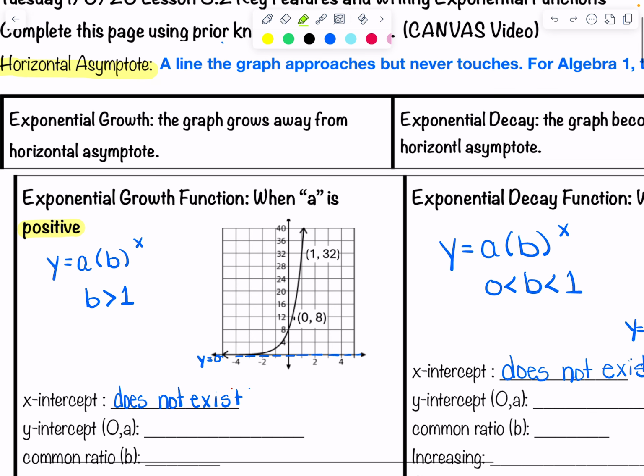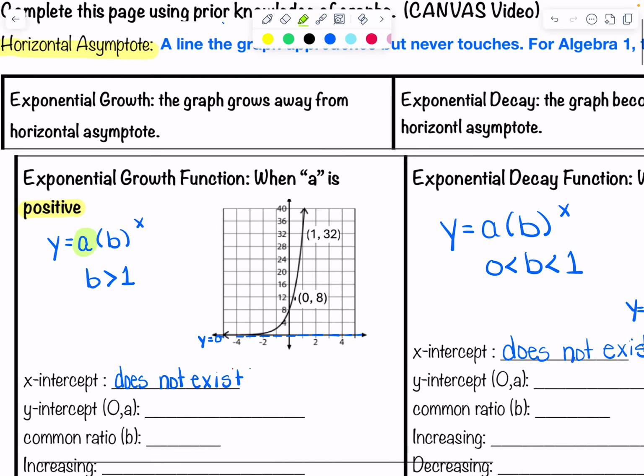Okay, so when I'm reading an exponential graph, I'm first going to be looking at the equation, or trying to write the equation. When the graph from left to right is going up, so it's increasing from left to right, just like we read a book, we read a graph, then A is positive.